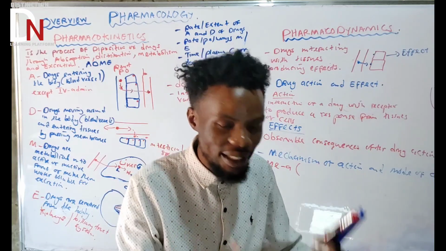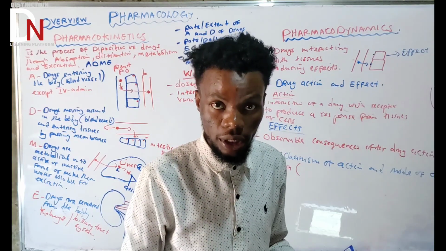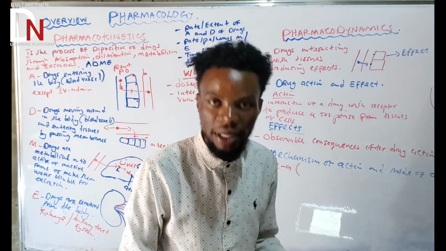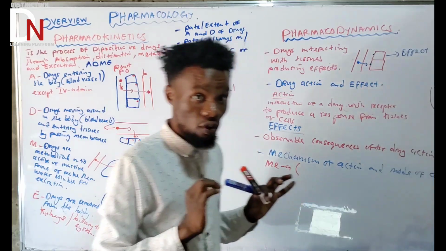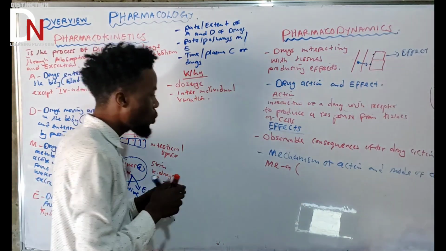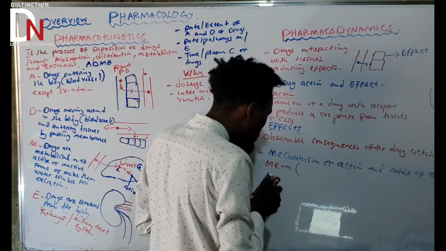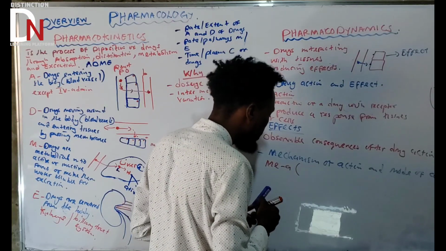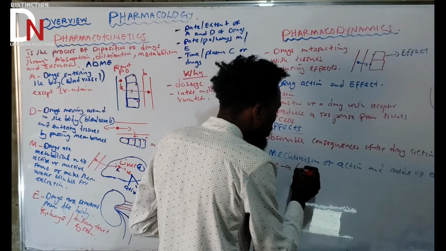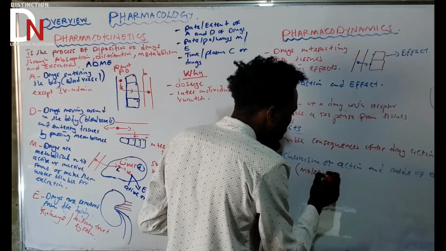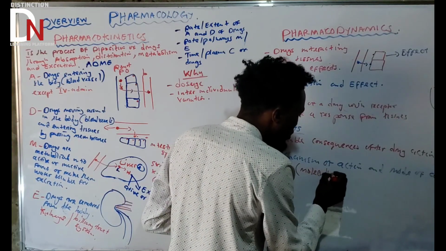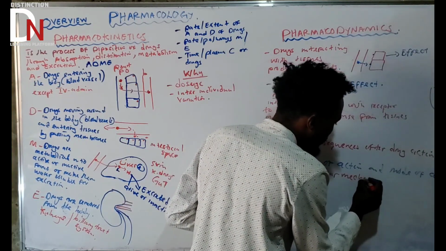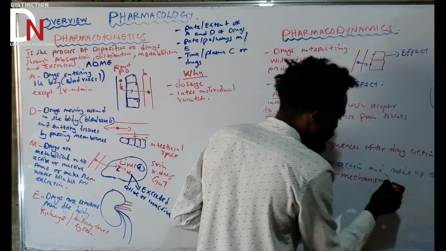We are talking about the cellular, I mean the molecular mechanism. So if they ask you about the mechanism of action, you need to talk about the molecular mechanisms. You need to know that.